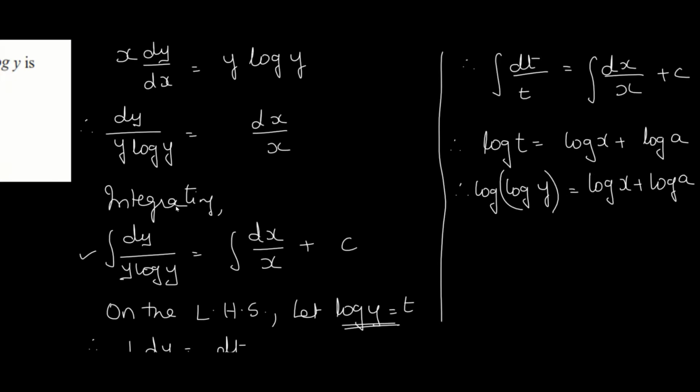Then in the next step, we combine both these logs on the RHS. So log x plus log a becomes log xa. Now both the outer log over here and this log over here can be cancelled.